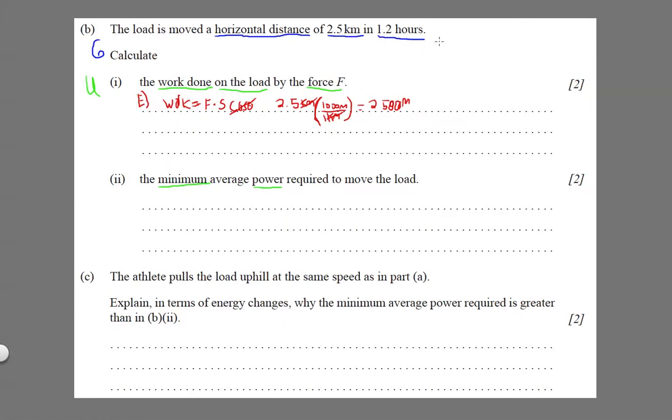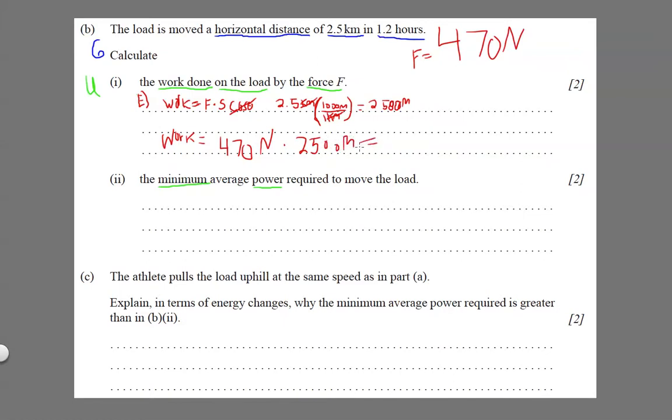That was 470 newtons, and I should have written that in blue, but I didn't. So 470 newton force. That was a given as well. So work equals force, 470 newtons, times 2,500 meters.